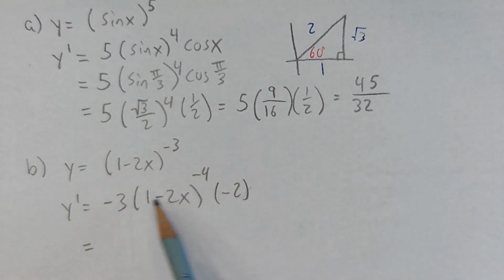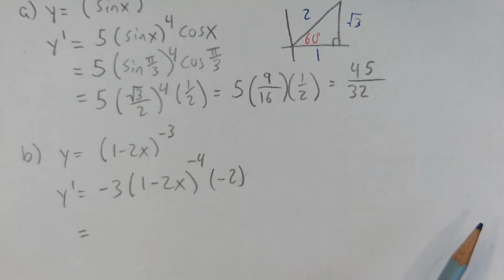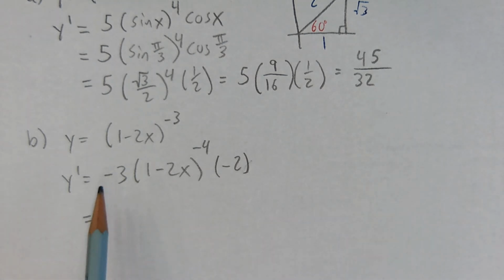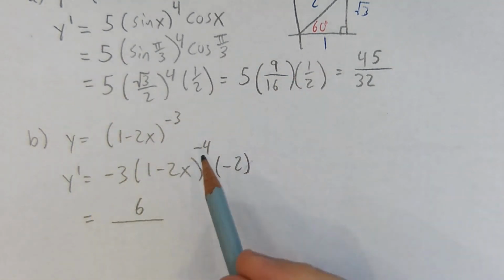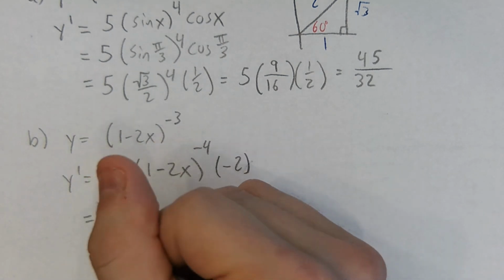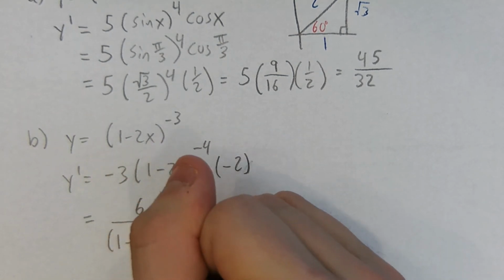These two numbers do not have negative exponents. That means they belong on the top of the fraction. And when you multiply negative 3 and negative 2, you get positive 6. And this negative exponent would come back down to the bottom to become a positive exponent.